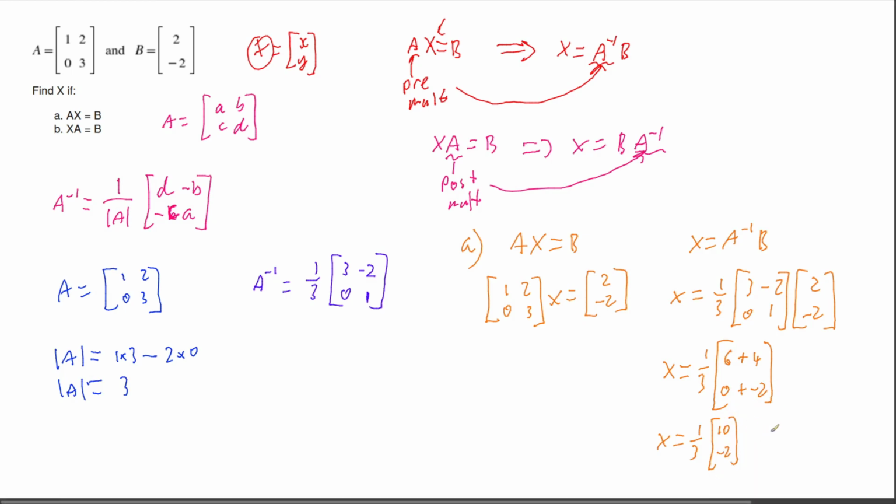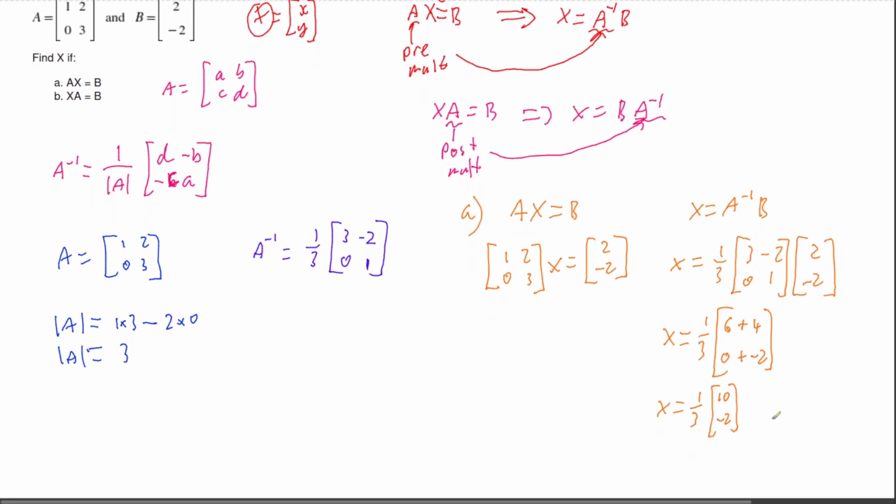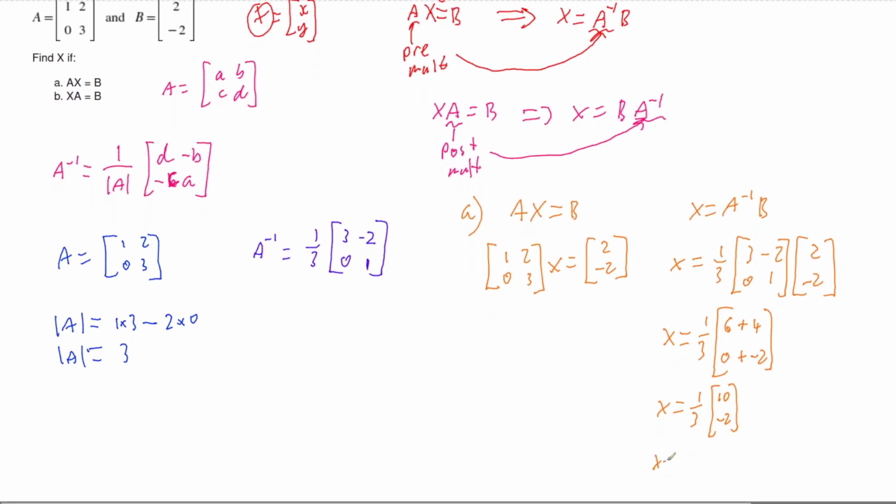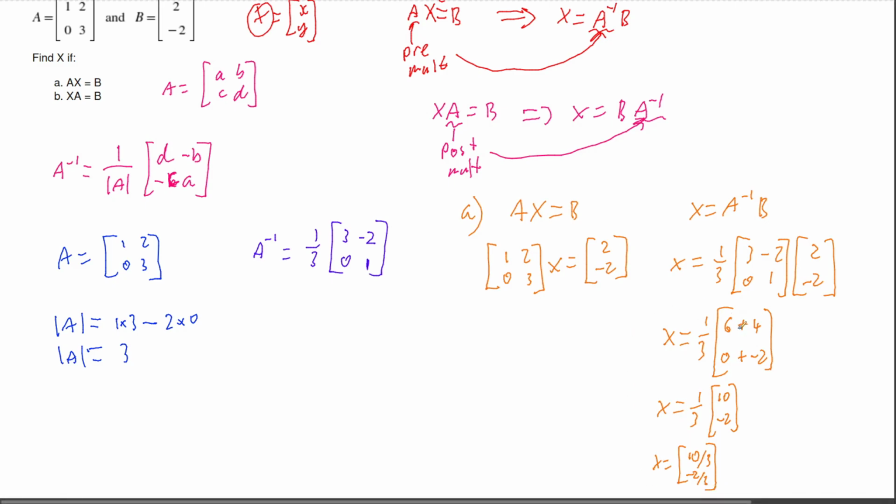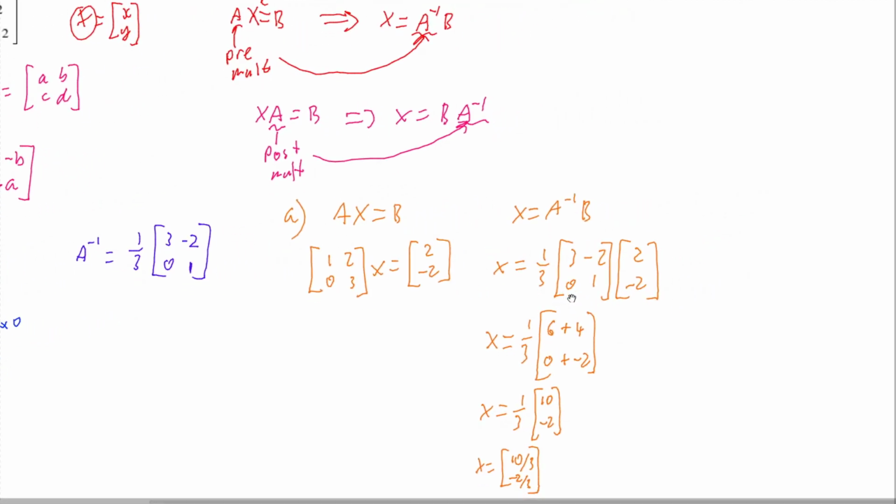Sometimes we might just write that as X equals 10/3 and negative 2/3. So that's part A. Let's have a look at part B.